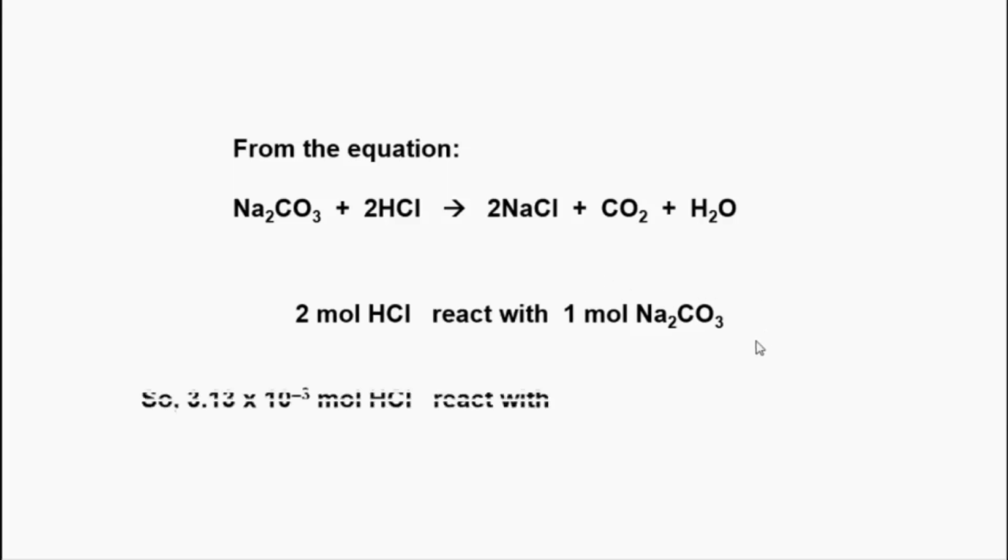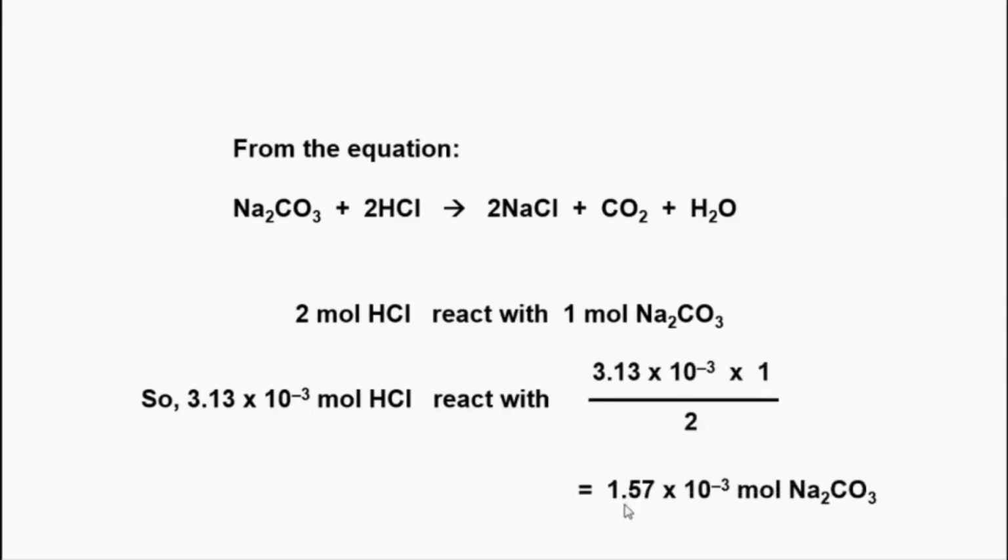This is the amount of hydrochloric acid that reacted with sodium carbonate. Therefore, if we have 3.13 times 10 to the power of negative 3 mole of hydrochloric acid, this quantity should react with, when you calculate this, 1.57 times 10 to the power of negative 3 mole of sodium carbonate. So this is the mole of sodium carbonate reacted.